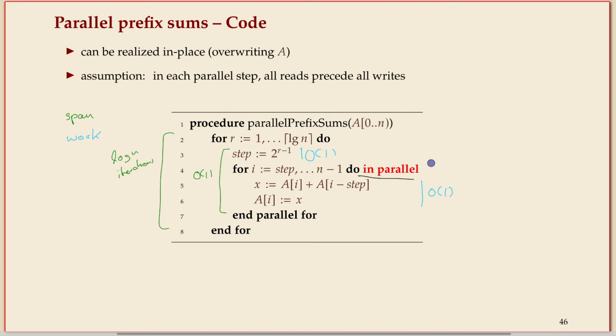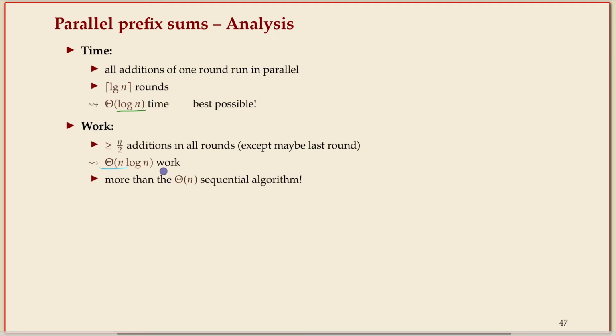I mean, it's n minus step, but you've seen probably quadratic loops like this before. So it's at most n iterations of the inner loop, and we have the outer loop same as before, logarithmic steps. So you have log n iterations where each iteration takes linear time, so that's n log n. That's what we have here on the slides as well.